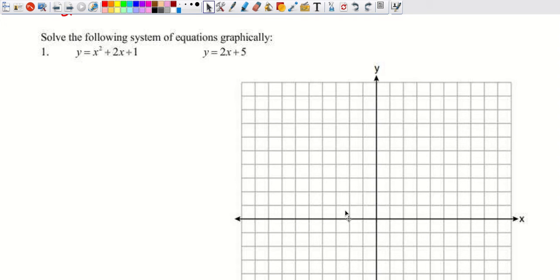The graphs have to intersect on this graph here, which means you may have to change the scale. You may have to make sure that you're graphing appropriately so that you see both intersections. Make sure you don't just graph one and then say, oh, the line's not going to fit.